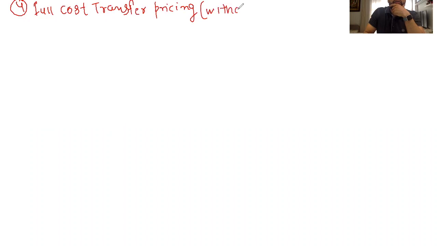Another name for full cost transfer pricing is without markup. It means we do not use markup to estimate the price of the product that we are going to supply to the receiving division, right?